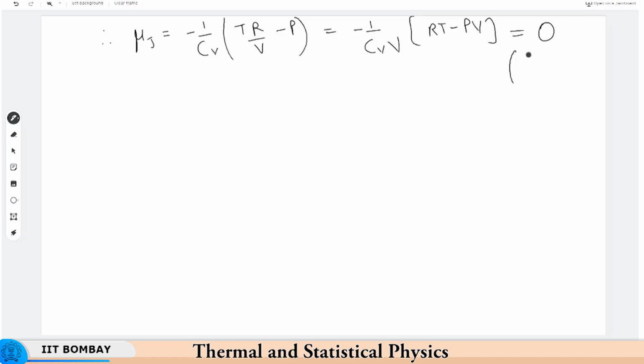So, this is 0 for an ideal gas. This relation indeed gives us 0 for the Joule expansion in the case of an ideal gas.